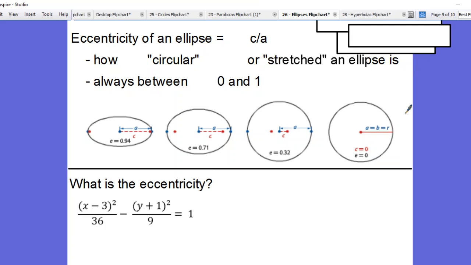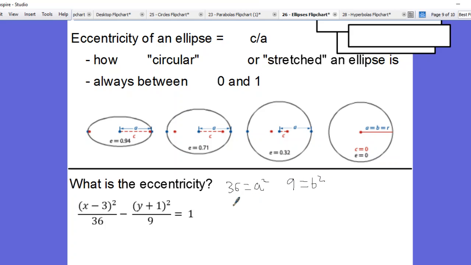What's 36 equal to, just in terms of a, b, or c? 36 is a squared. 9 is b squared because it's the smaller one.